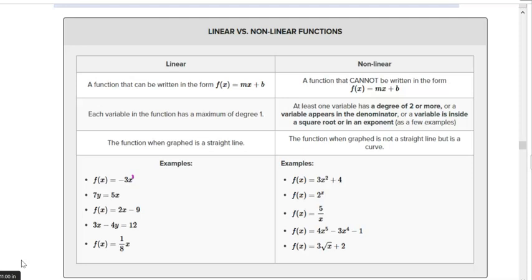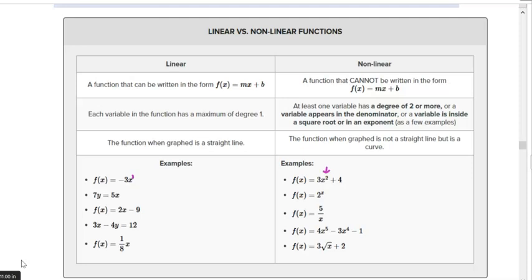All right, so we are just making sure that is the case. Because notice over here, we've got an exponent that is not 1, and this helps us know that it is nonlinear. A function can't be written in that form if it is not linear.